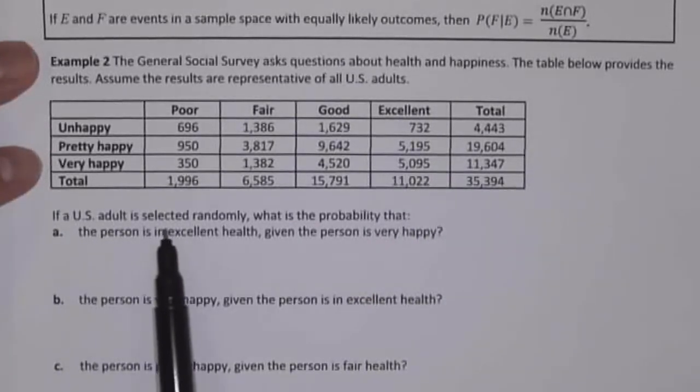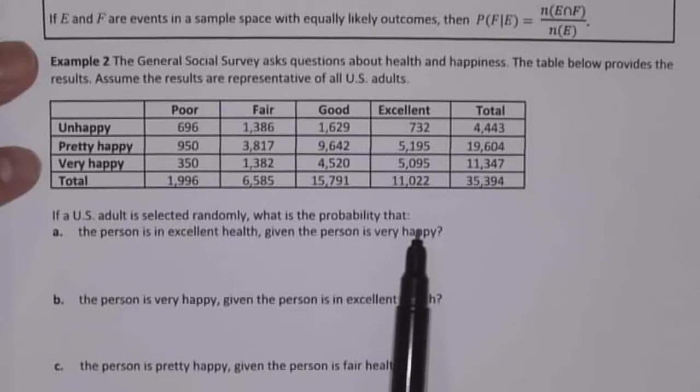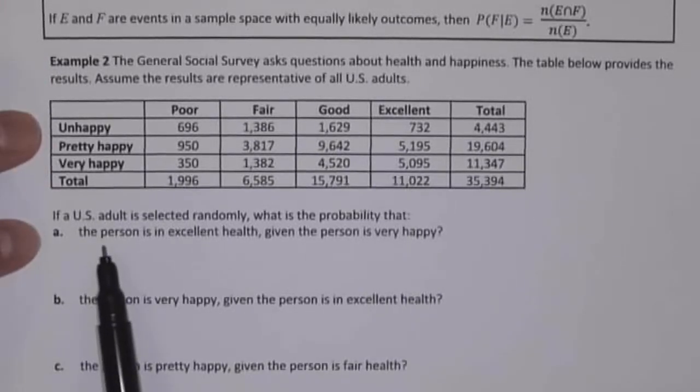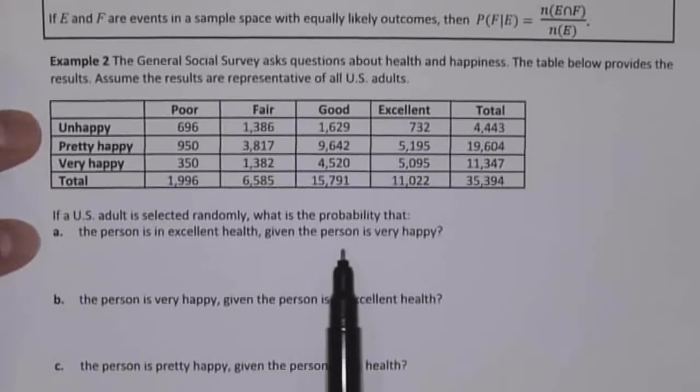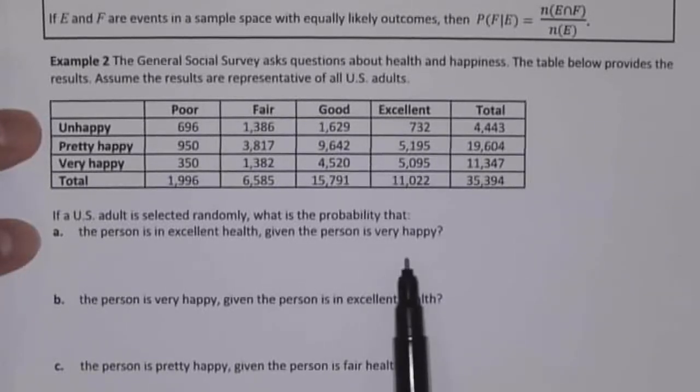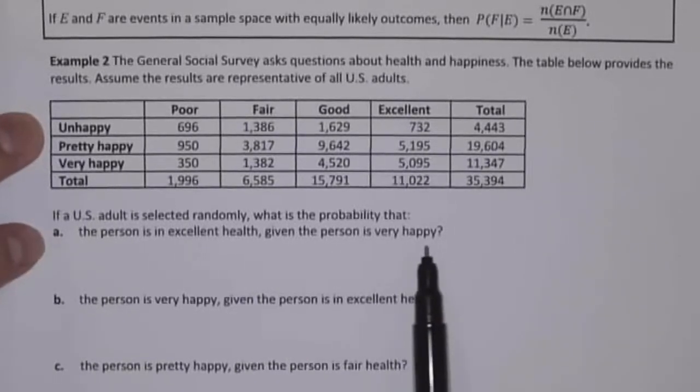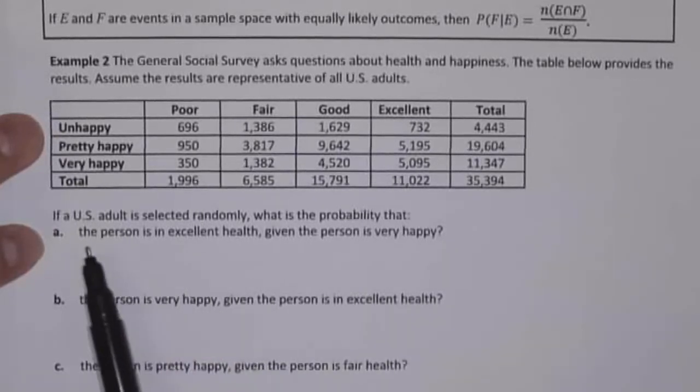If a U.S. adult is selected randomly, what is the probability that A, the person is in excellent health given the person's very happy? So this is a conditional probability. We're given the person's very happy, and we want to know then what's the probability the person is in excellent health.